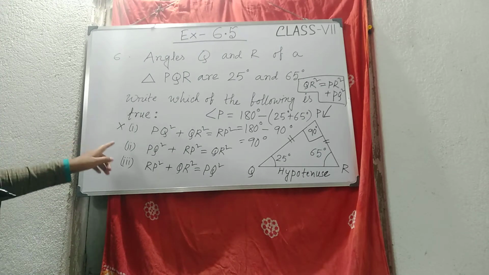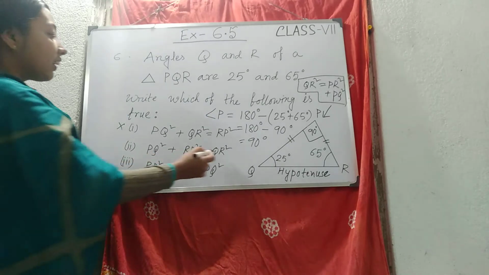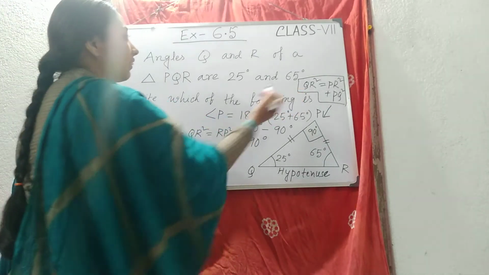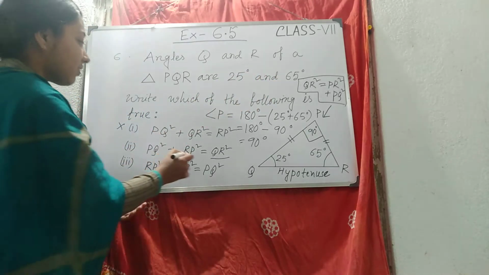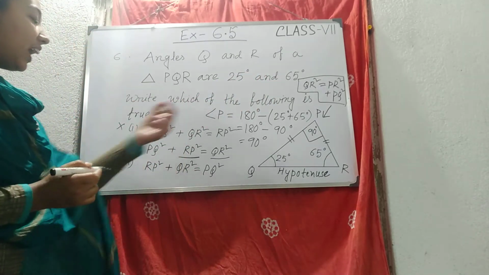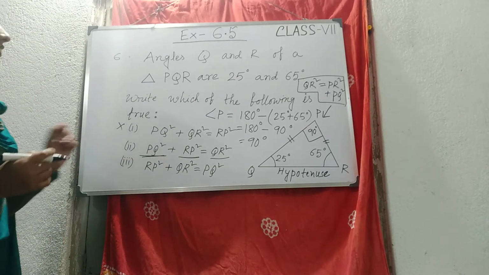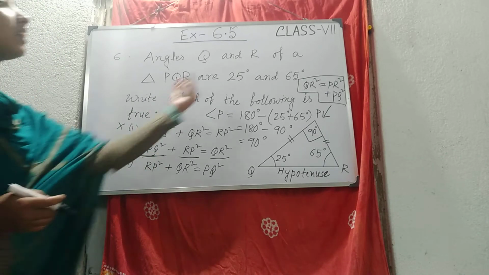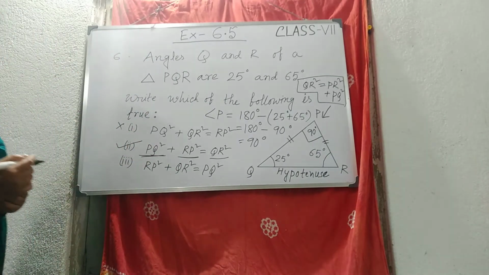So we can match it with what I have already written: QR square equals PR square, means RP square, plus PQ square. So this option is completely matching. So it will be 2.